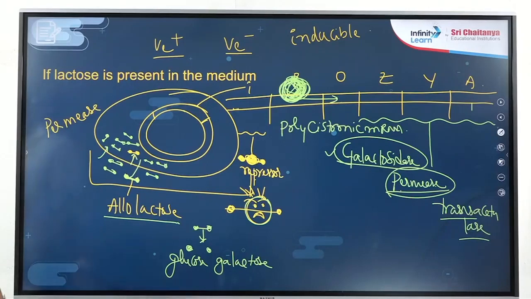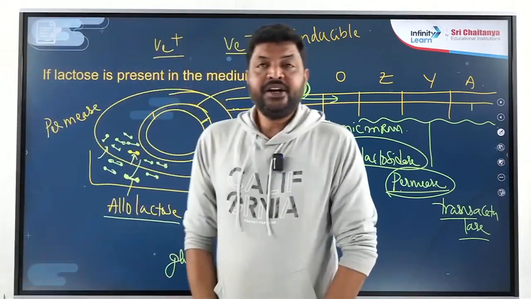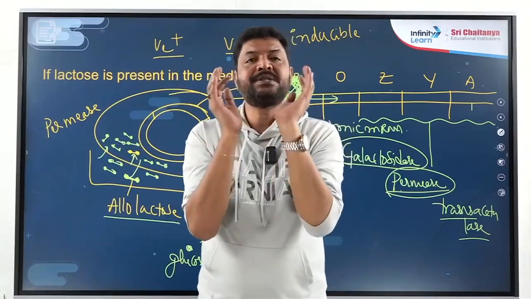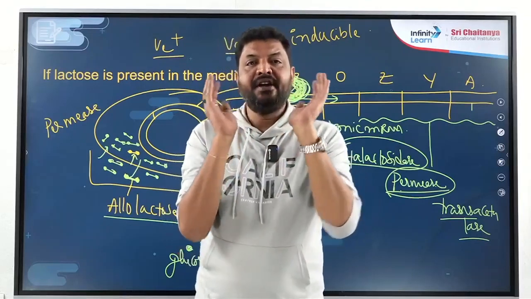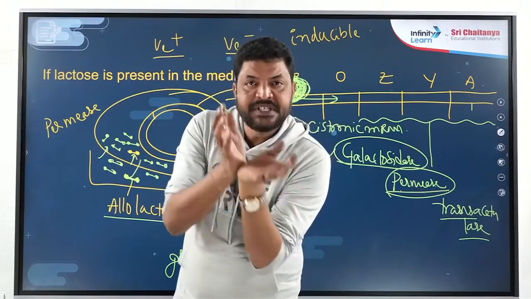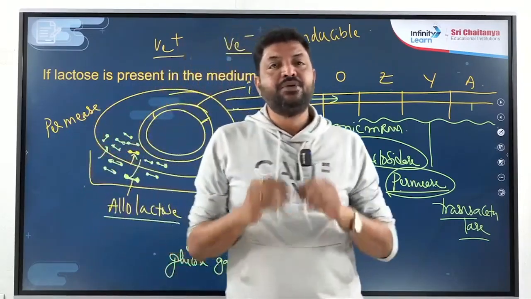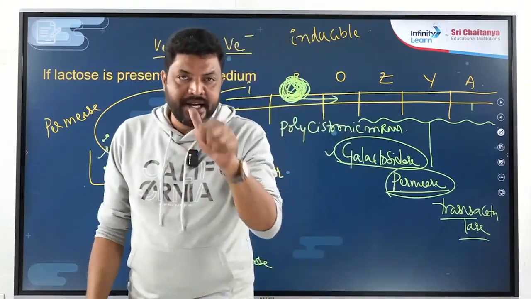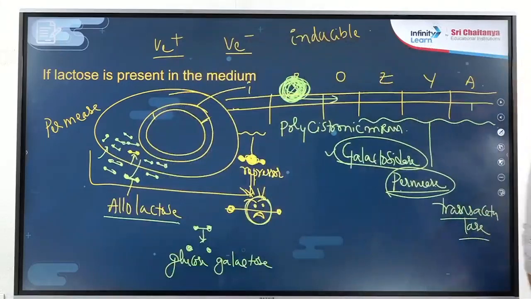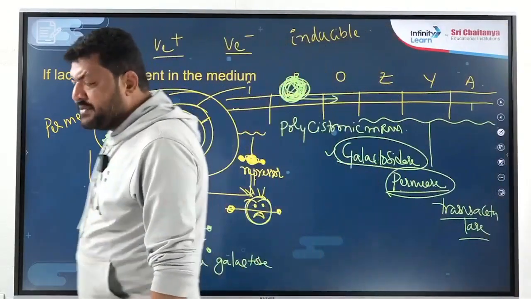Can you tell me the reason? Operons are present in prokaryotes only. What is an operon? A cluster of structural genes and the regulatory elements together is called an operon. If operons are present only in prokaryotes, then the operon model is applicable to prokaryotes only. Clear? Then another question: what happens if the lac promoter is mutated?